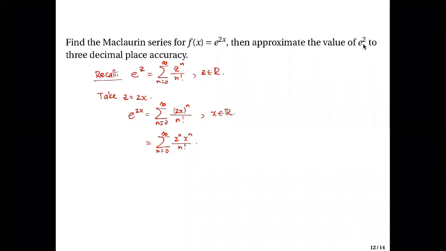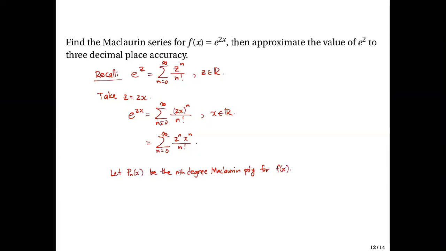Now, let us approximate the value of e squared to 3 decimal place of accuracy. To do this, let's start with the following. We let p sub n of x be the nth degree Maclaurin polynomial for the function f of x.